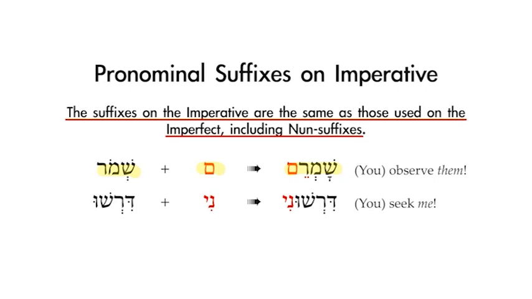In our second example, we get dirshu as the imperative 2mp. We're going to add the ni suffix and get dirshuni. In this instance, there are no spelling changes because the imperative 2mp does not undergo a spelling change with a pronominal suffix. And so it's fairly straightforward to see the imperative verb appearing on what you would know as the strong verb pattern.